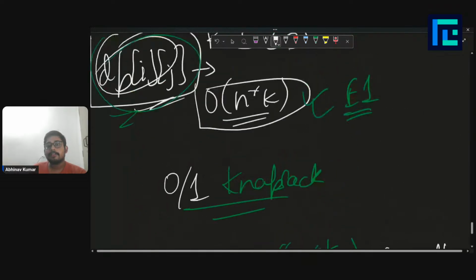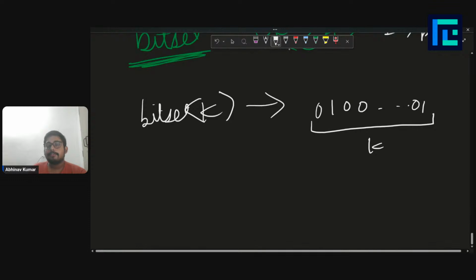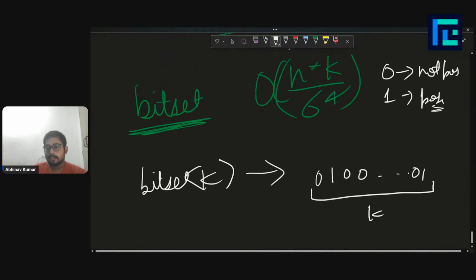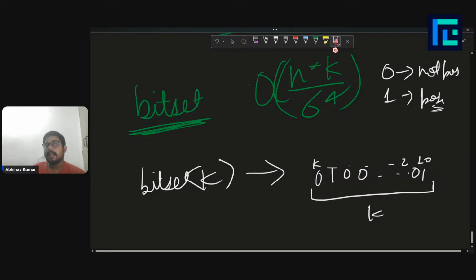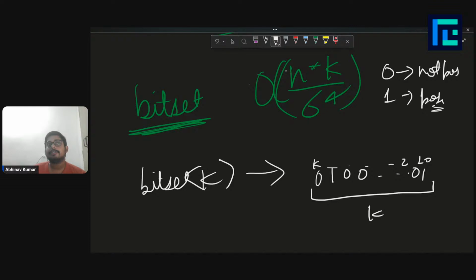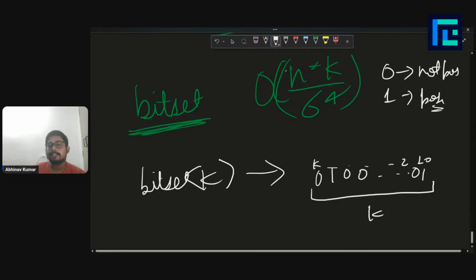Initially, when you have no elements, if you index 0, 1, 2 up till the kth index, then if at index I you have 1, that means you can make a sum of I. But if you have a 0 at index I, that means you cannot make a sum of I. That's what your bitset represents, and this you can say is your current state of the DP.